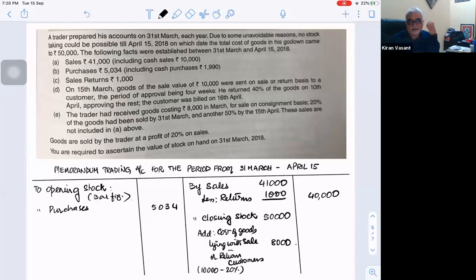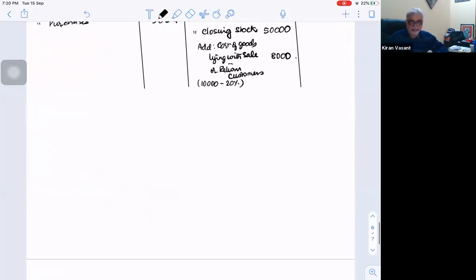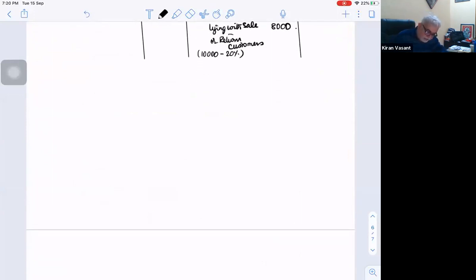So we will remove it. 20% were sold and 50% were sold. So as on 16th April, 30% is remaining. I'll give you notes for both of these items, okay?